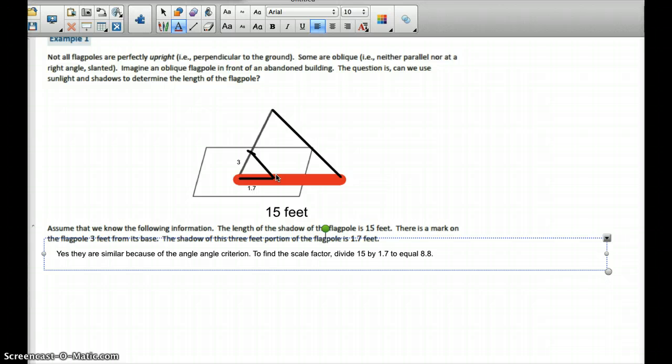Okay, so I know my scale factor is 8.8. So now, if I want to know this entire distance of the flagpole, all I do is take the 3 and multiply it by 8.8. So 3 times 8.8, and when you work that out, you get 26.4. So the height of that slanted flagpole is 26.4 feet.